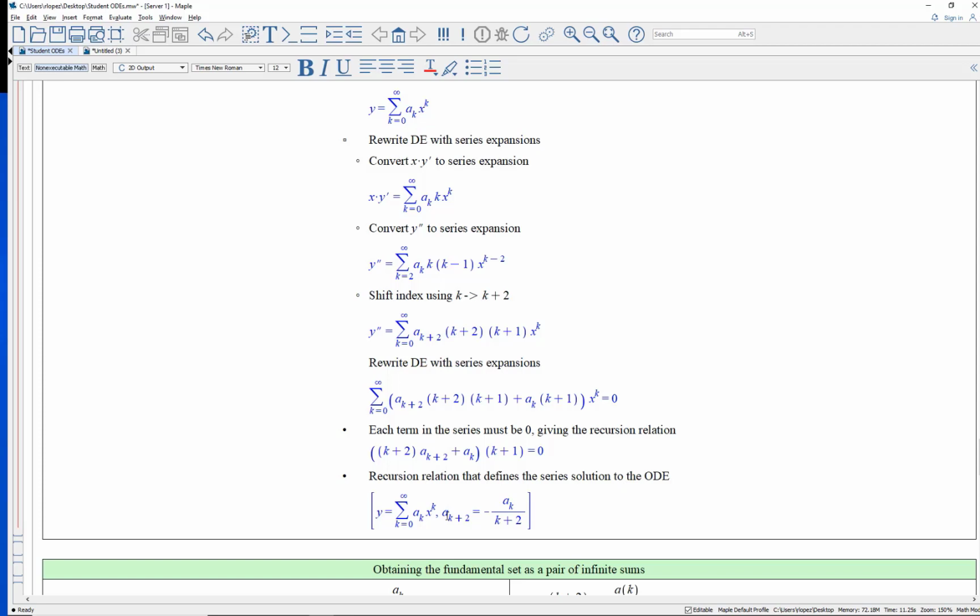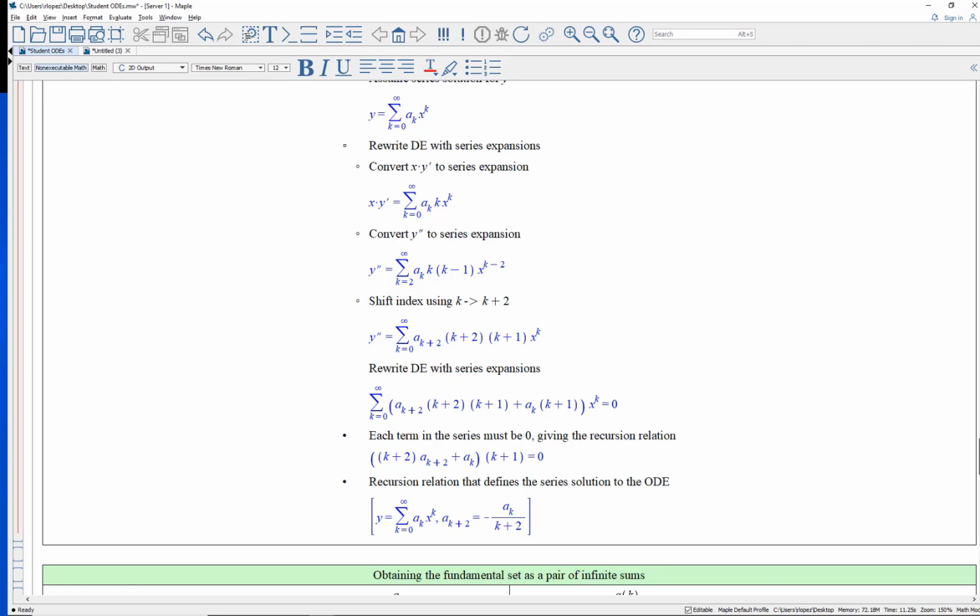And so it says, here is what the solution would look like, but the coefficients are given by this recursion relation. It does not give you, at this point, all of the coefficients. It gives you this recursion relation for the coefficients.